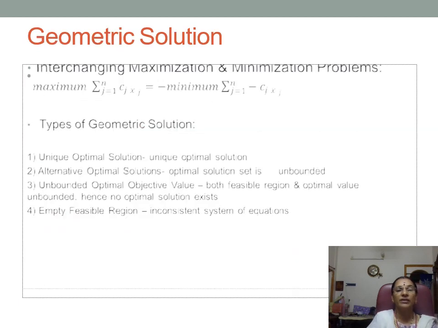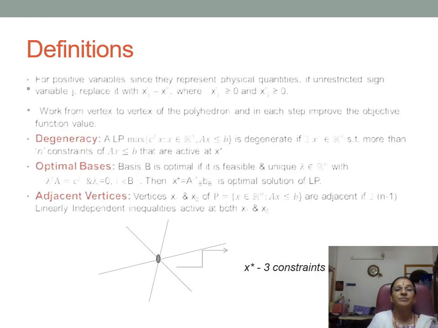For these types of geometric solutions, we use the given equation to get a unique optimal solution, alternative optimal solutions, unbounded optimal solution, or an empty feasible region.